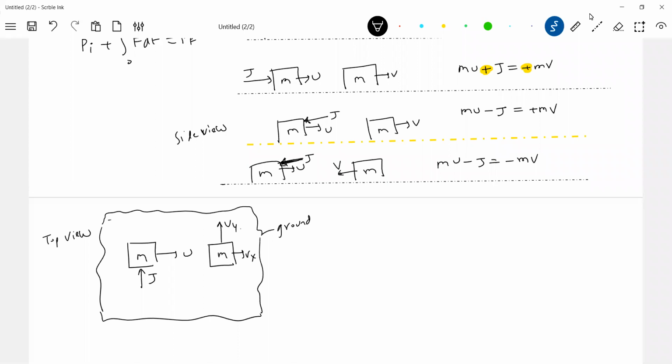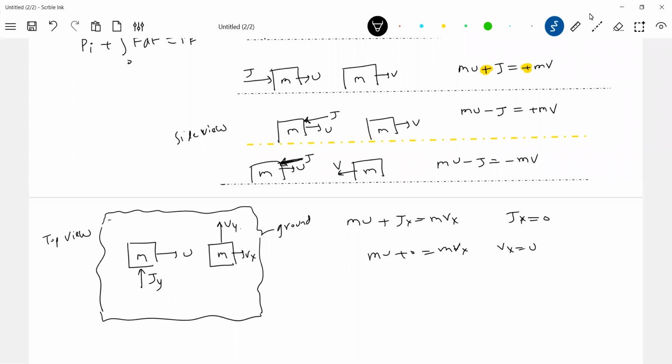Now, along x-axis, mu, so this is jy, you write it, mu. Any impulse acts along x-axis, check it. Impulse along x-axis 0. So therefore, mu plus 0 equal to mvx. So vx equal to u.